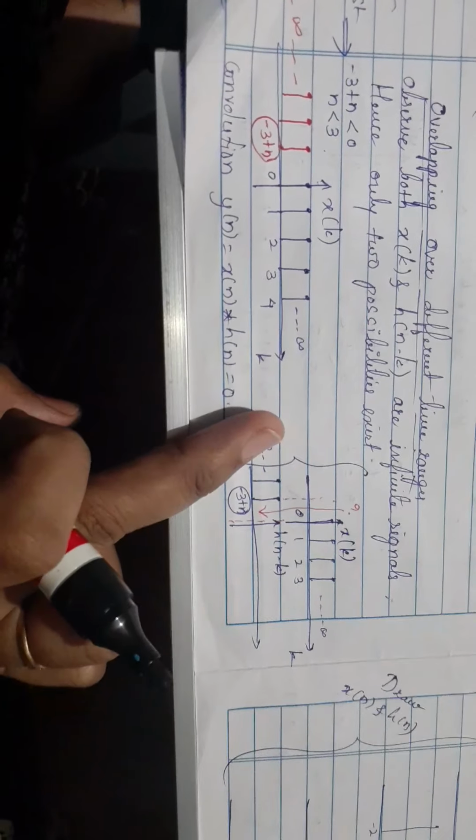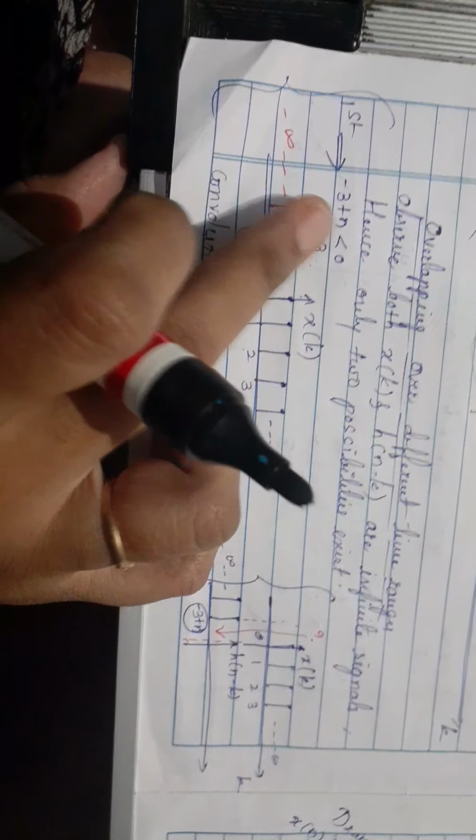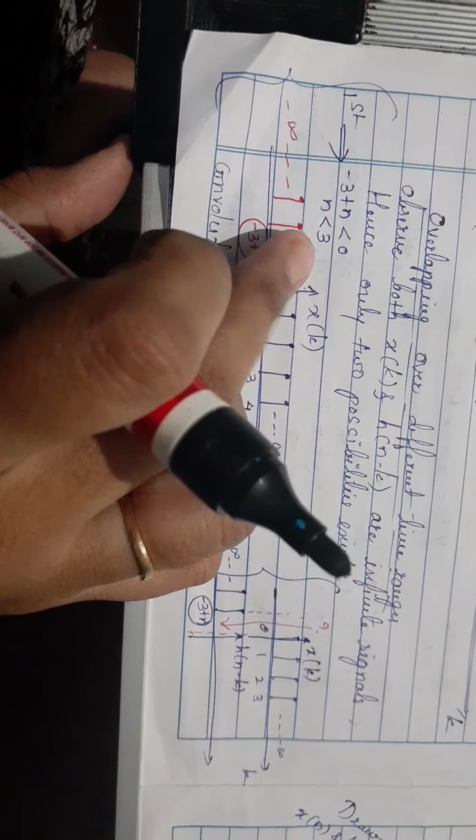So when you keep the second signal before 0, -3 plus n is kept before 0, less than 0. -3 plus n less than 0, that is n less than, take -3 to this side, it will become +3. For this condition, your convolution is 0 because you don't have any multiplication product. Your result will not exist. So output is 0. This is the first possibility.